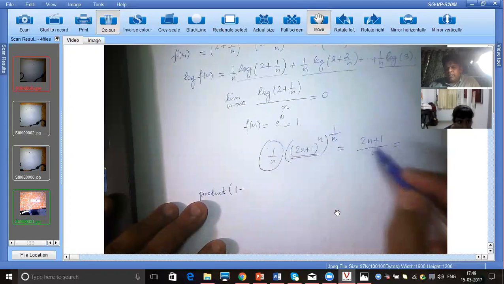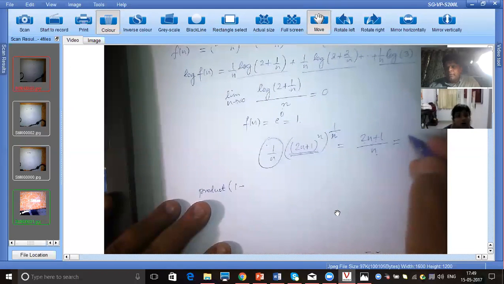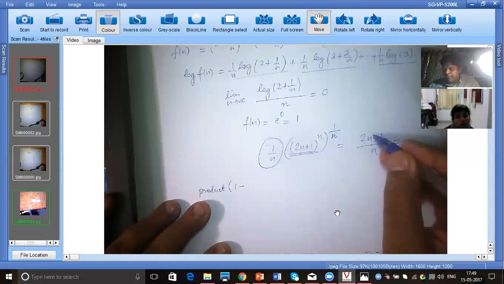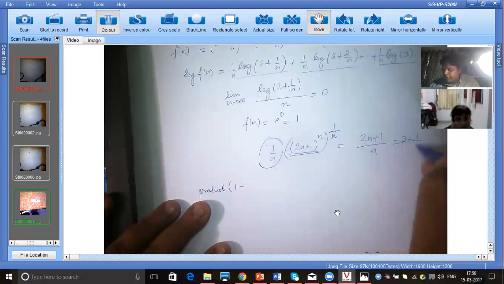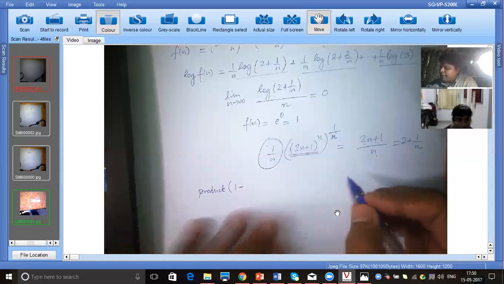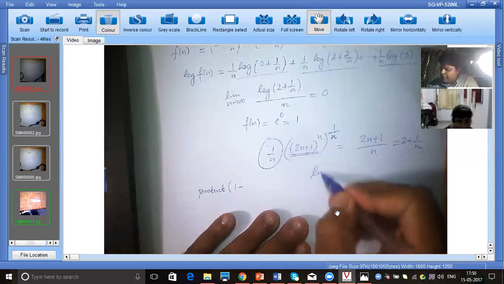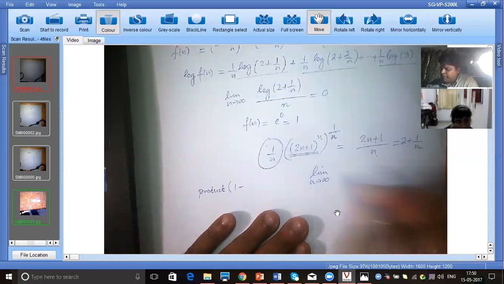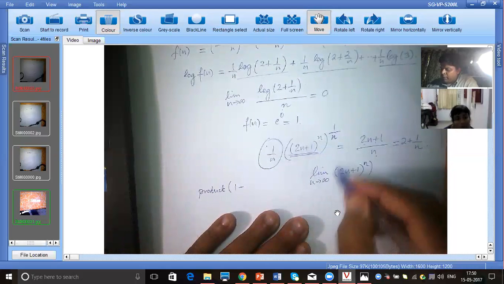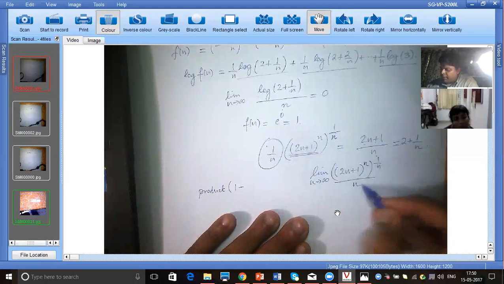And this is equal to 2n plus 1 by n, which is n times 2 plus 1 by n, whole to the 1 by n. So this tells me in the limit as n goes to infinity, this whole thing, 2n plus 1 whole to the n, 1 by n, is equal to 2. That is the lower limit.